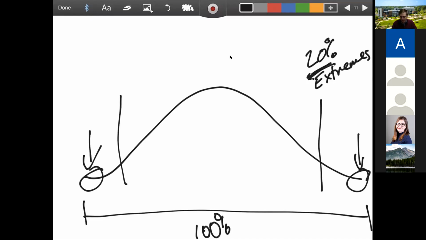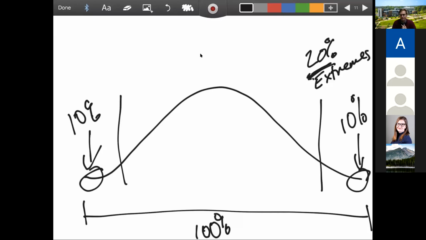So to get the middle 80%, we take 10%, we put it there, we take another 10%, and we put it there. If we did 20% on each side, that would only give us 60% in the middle, right? Because then we'd have 40% at the extremes. So because we're interested in the middle 80%, we're going to exclude the extreme 20%. And to do that, we need to split that 20% up evenly into each tail. So that's where we get that 10%.